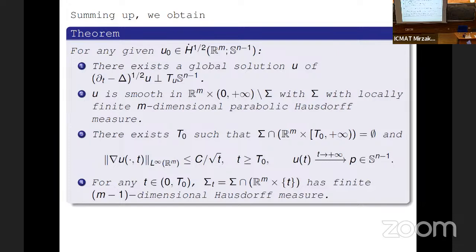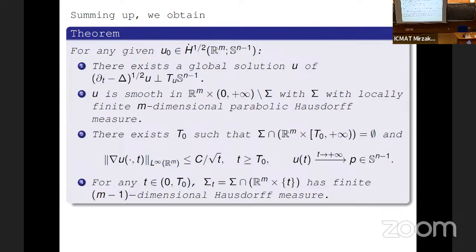Not only can you find a time such that the intersection between this singular set and R^m times this interval of time is empty, so for times greater than T naught your solution is smooth, but you can also quantify the smoothness, and you have an L infinity bound on the gradient.